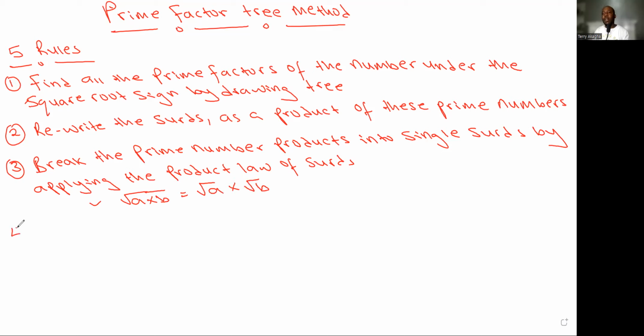B. Then, number 4, when you're done with that, you have to pair the same surds together so you can get a single value, which is also part of the product law of surds.